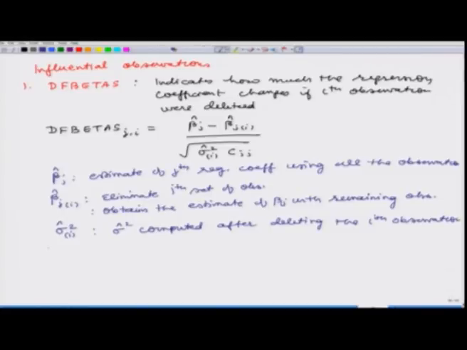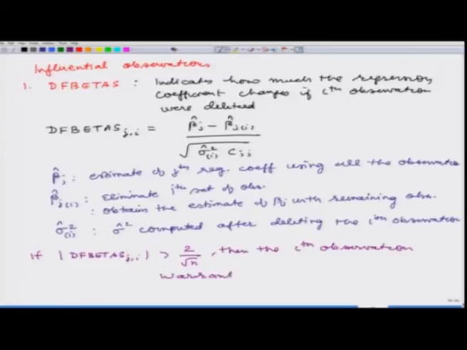And the rule here is very simple: if the absolute value of DFBETAS_j,i is greater than 2 by square root of n, then the ith observation warrants examination.